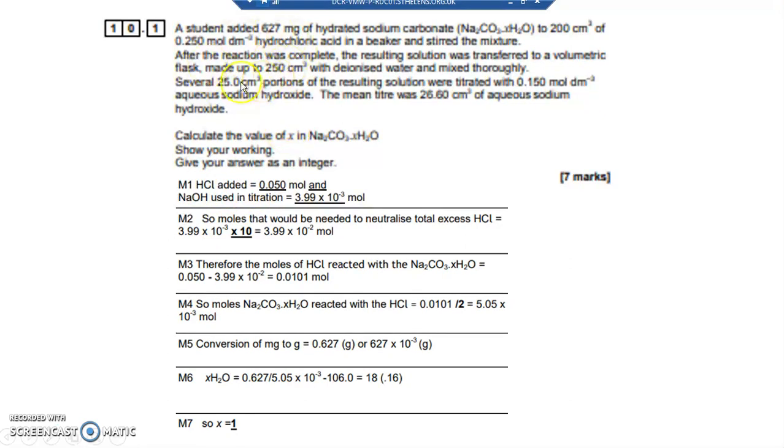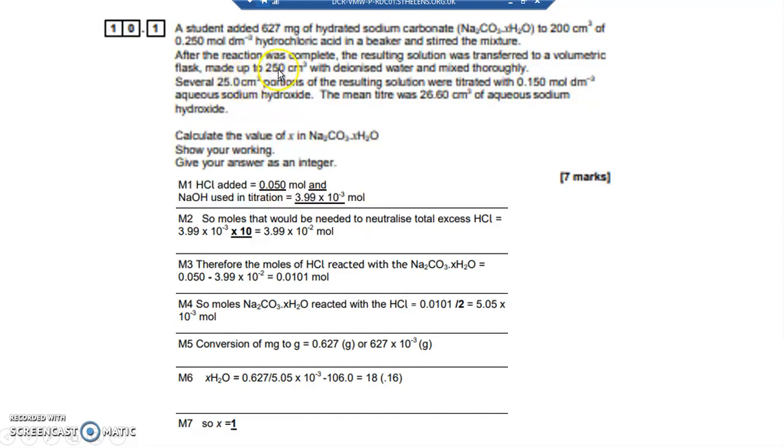However, if we're talking about the whole sample, we've taken 25 centimetre cubed portions of the sample, and the whole solution was 250 centimetre cubed. So we have taken a tenth of it. 250 divided by 25 is 10.